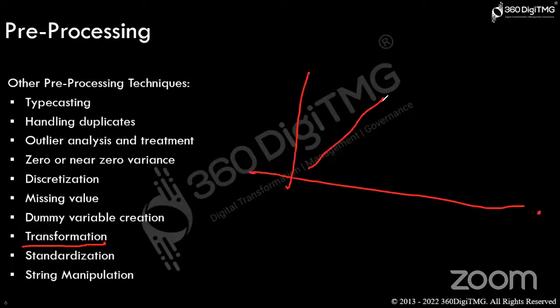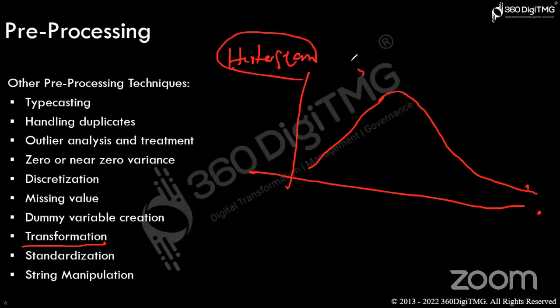Transformation. We will be using histograms to check whether the feature you have in your data frame is normally distributed or not.